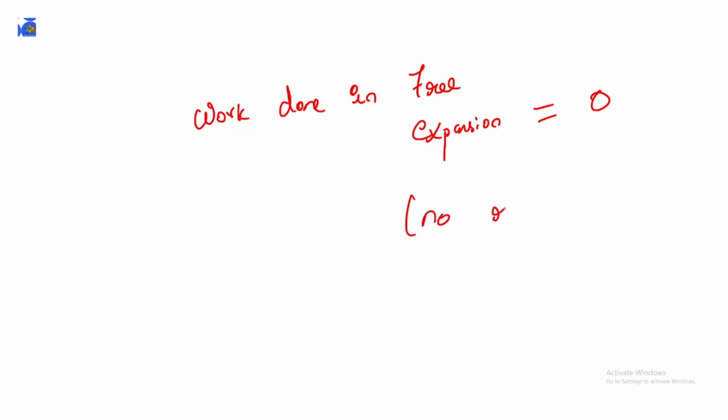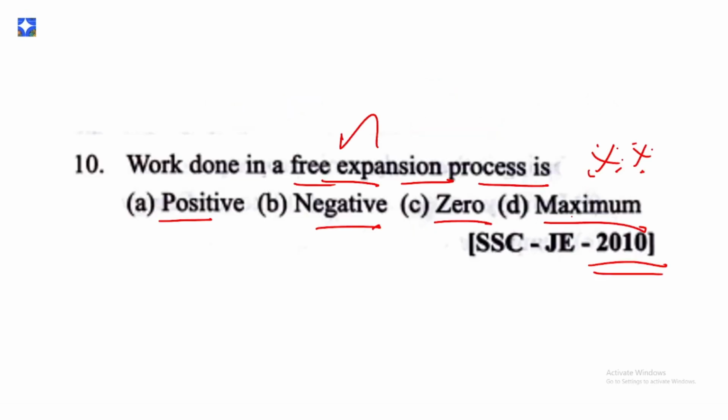So I can say that work done in free expansion is equal to 0, since there is no resistance involved in it. Okay. So I can say that option C would be the correct answer.